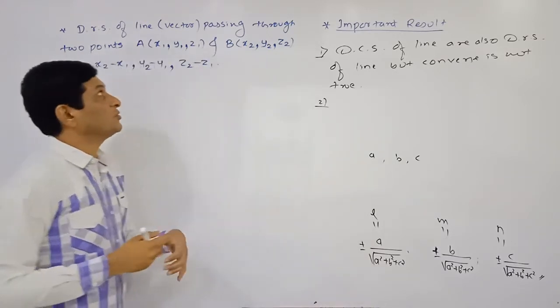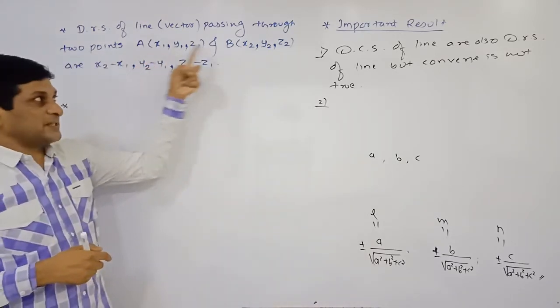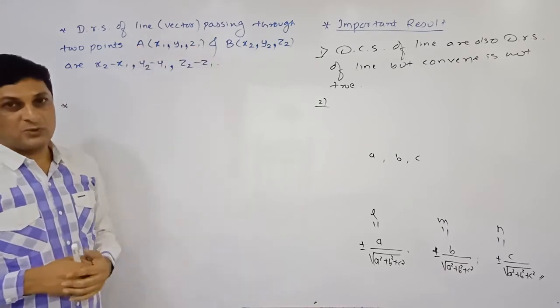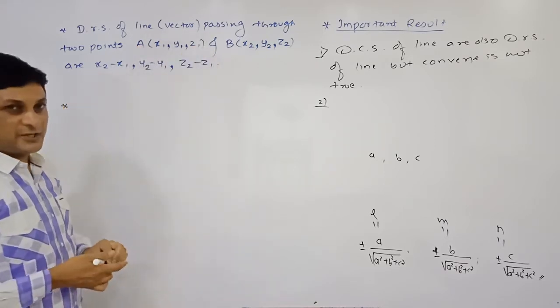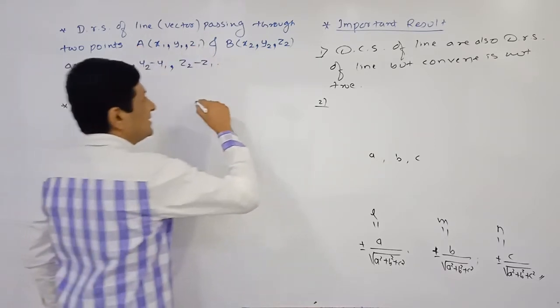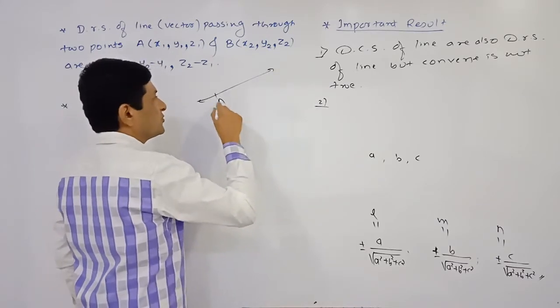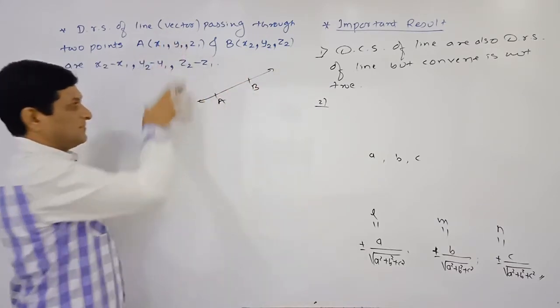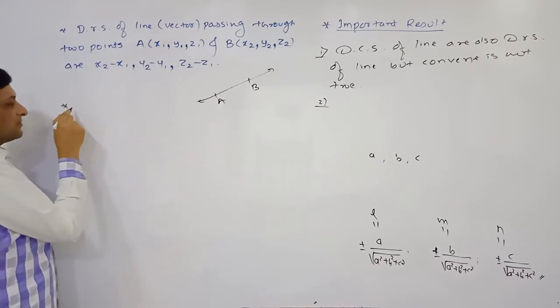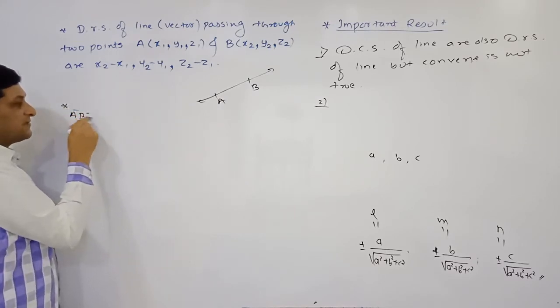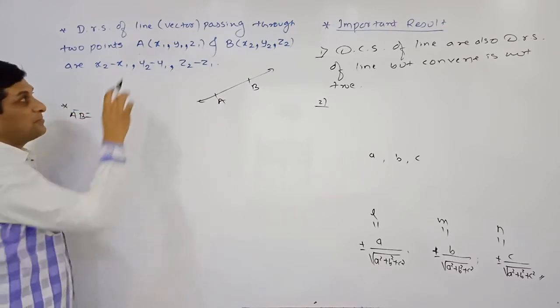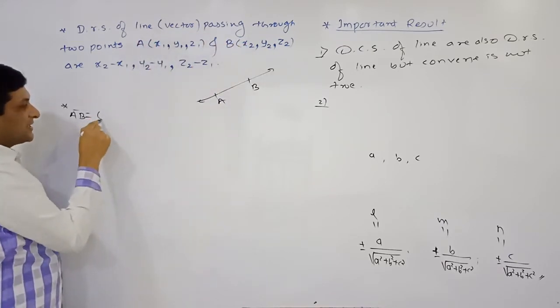Just now we have shown that if a line or vector passes through 2 points, then how to find out its direction ratios. Here one line is given to us which passes through 2 points, A and B. When we proved it, we saw the value of AB bar. AB bar means B bar minus A bar. So what is that value?